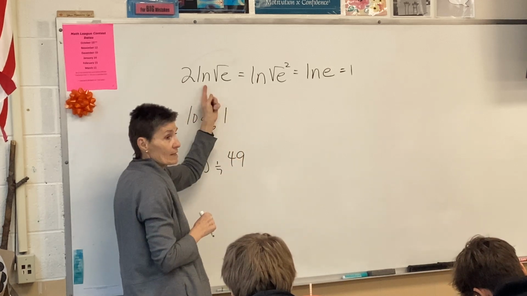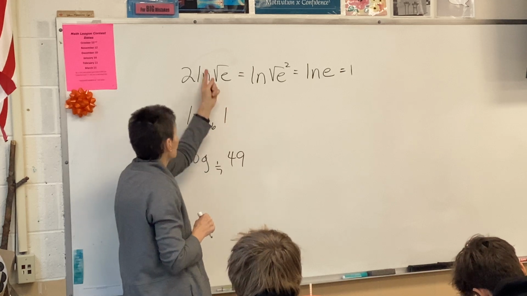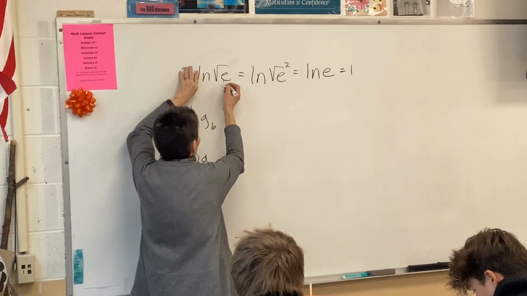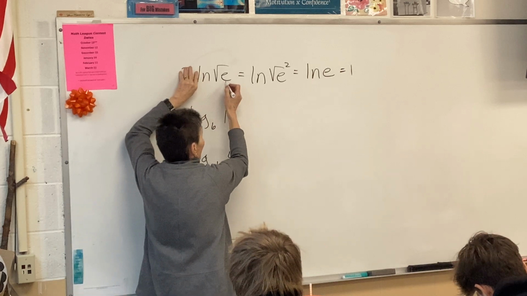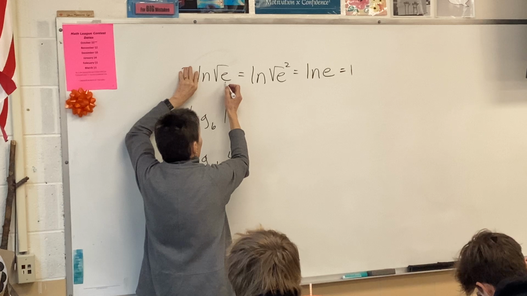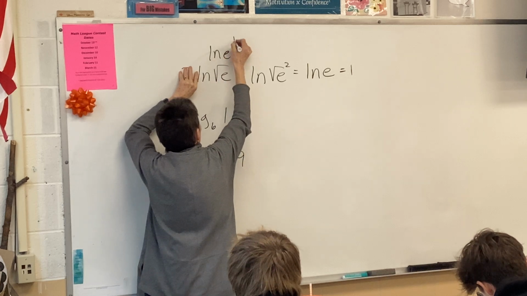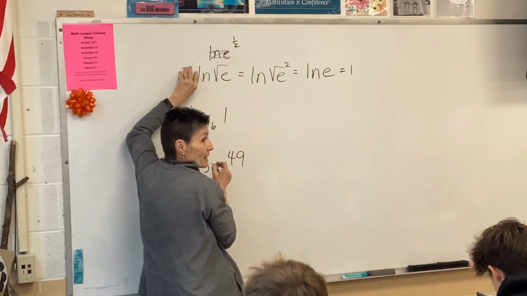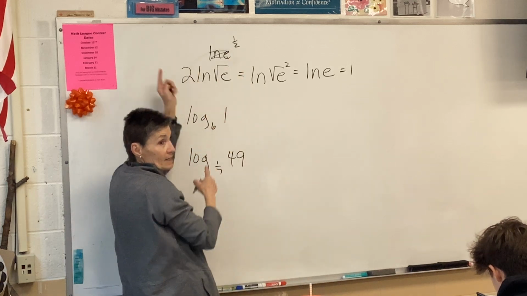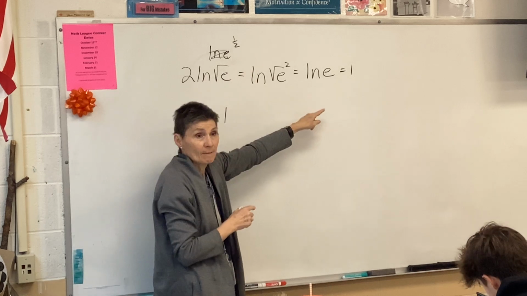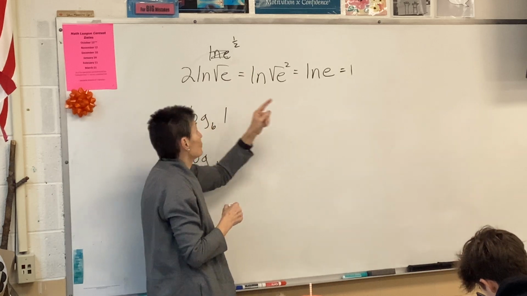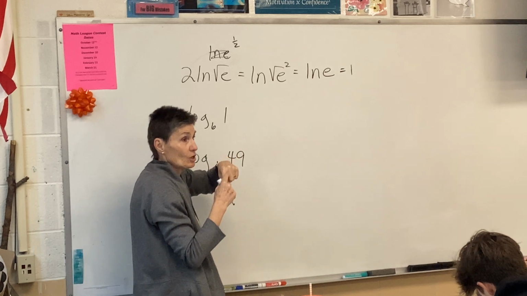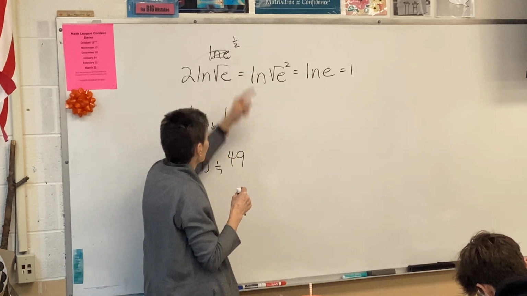So these won't cancel, because there's something in between them. You could fix that. What's another way of writing that radical? E to the 1/2. Yep, that's right. Now they are touching each other, so those would cancel, leaving you with 1/2 times 2, which is 1. So don't cancel these unless they are physically touching each other, and you can make that happen with this.